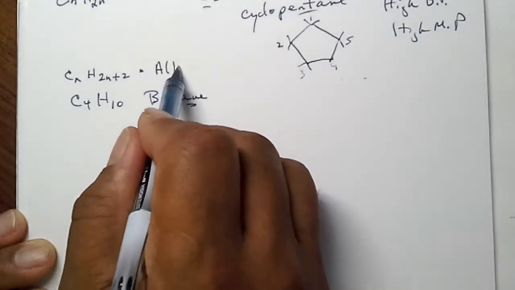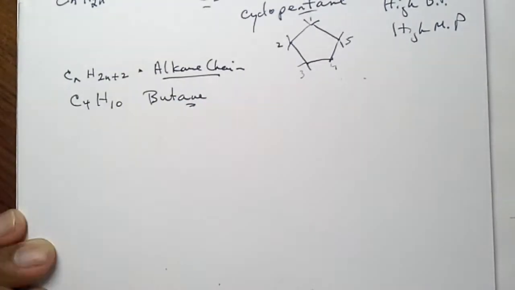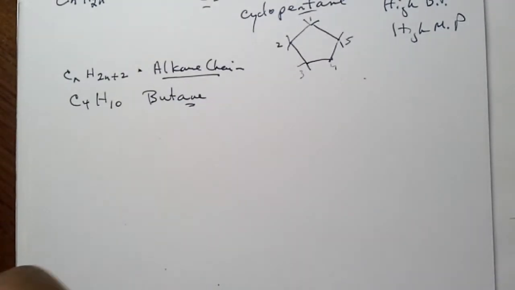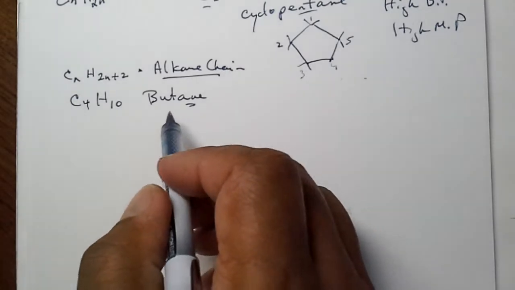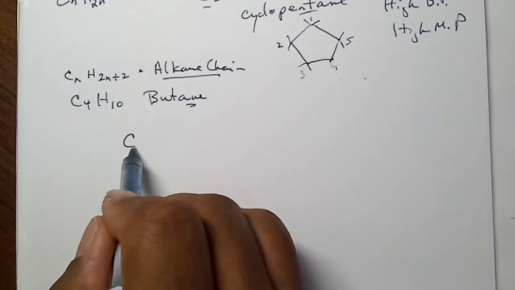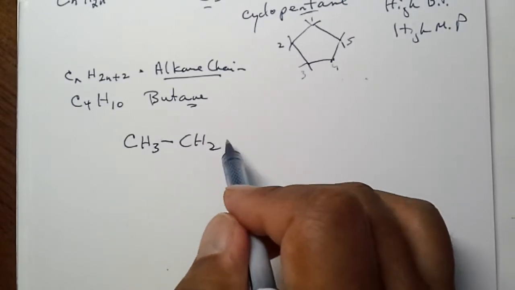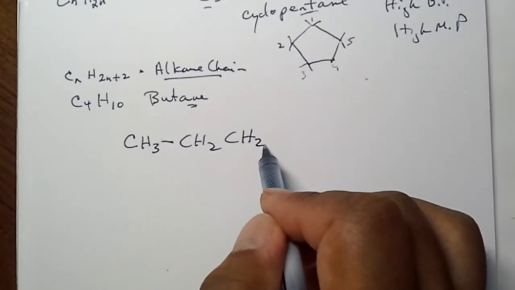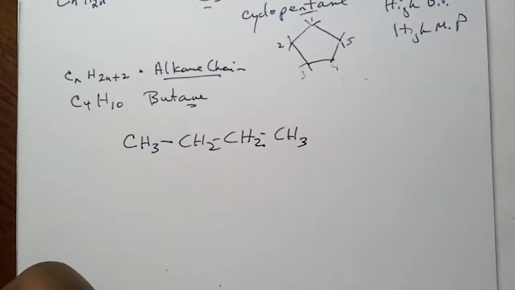That's an alkane chain. So butane has 4 carbons, and we can write it like this: CH3, CH2, CH2, CH3. Bonds between the carbons.